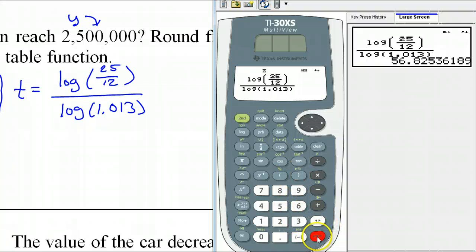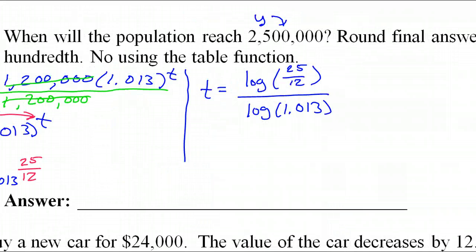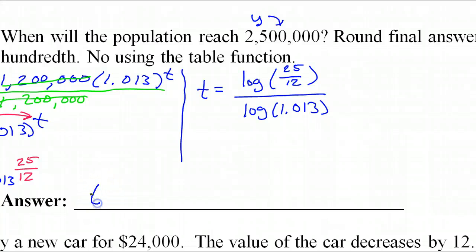So there you go, 56.83, round up. And that is how you do that.